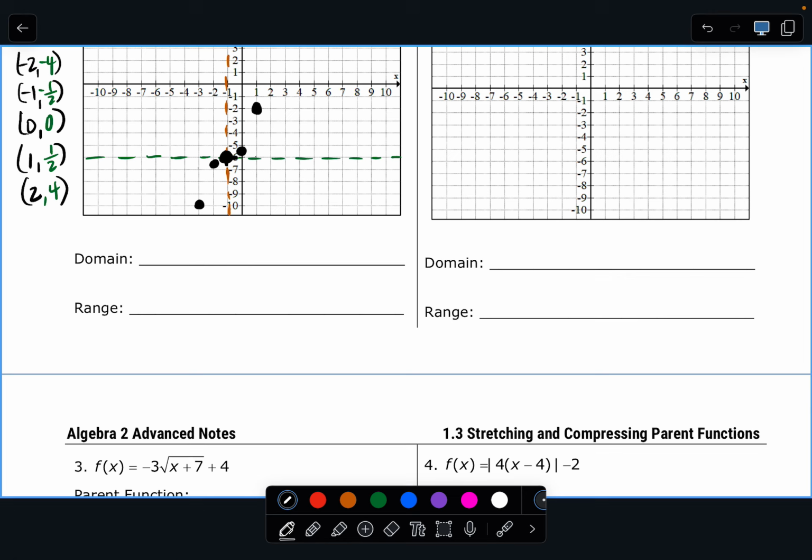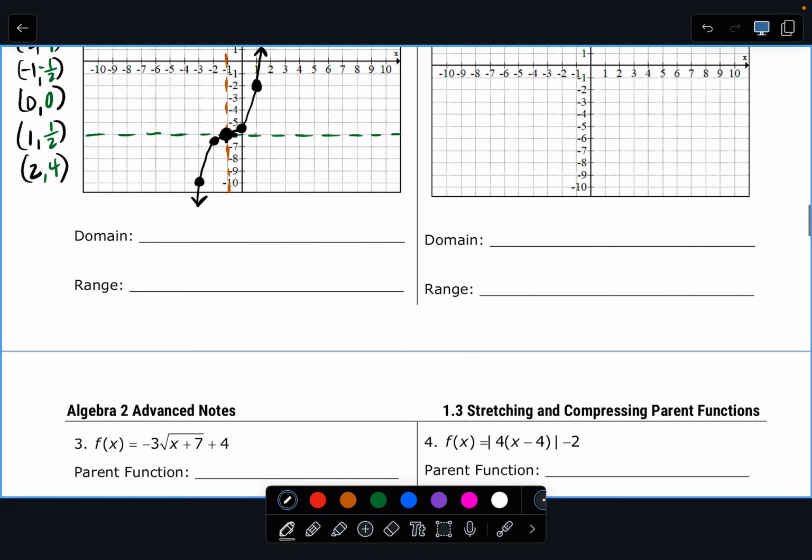It should just continue the same way on the other side, just downward. Connect your points. And you should have a cubic function that looks like it was squished together a little bit because we compressed it instead of stretched it and made it skinnier.